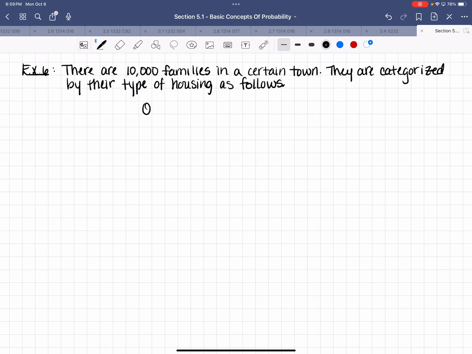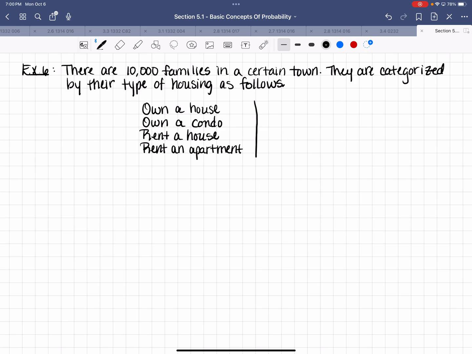Okay? They can own a house. They can own, I didn't put A in there, did I? Own a house. Own a condo. Rent a house. Or rent an apartment. Okay?